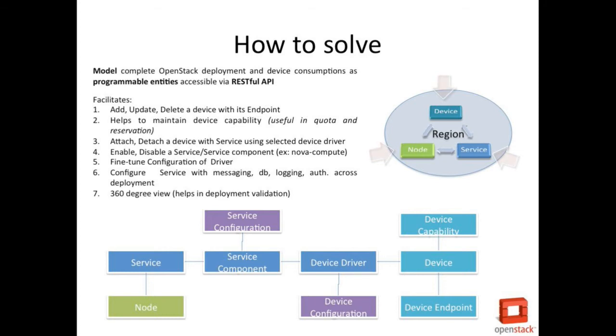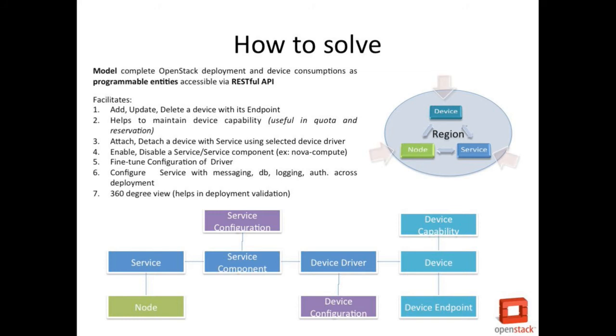Take Nova: I want to know where the Nova API is deployed and which node the Nova compute is deployed on. Similarly, from the device point of view, I want to know which components are consuming me in the OpenStack deployment. From the node point of view, I want to know what service components are installed on a given node and what services are running. So the complete picture of the deployment is in front of you.